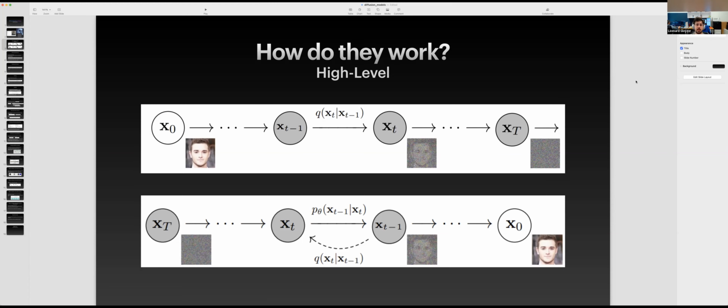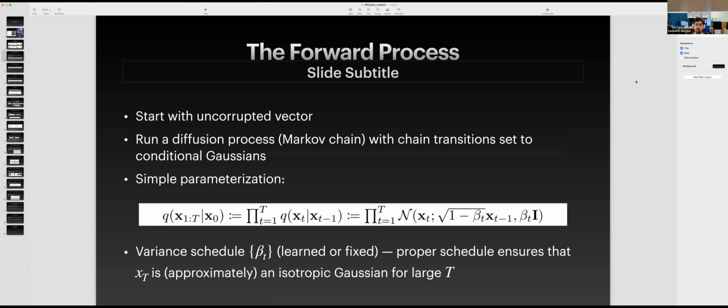So in a little bit more detail, the forward process is you start with an uncorrupted vector. In the examples I've shown, the vectors are images. That seems to be the most popular use case for diffusion models currently. And so you start with this uncorrupted vector and you run a diffusion process.